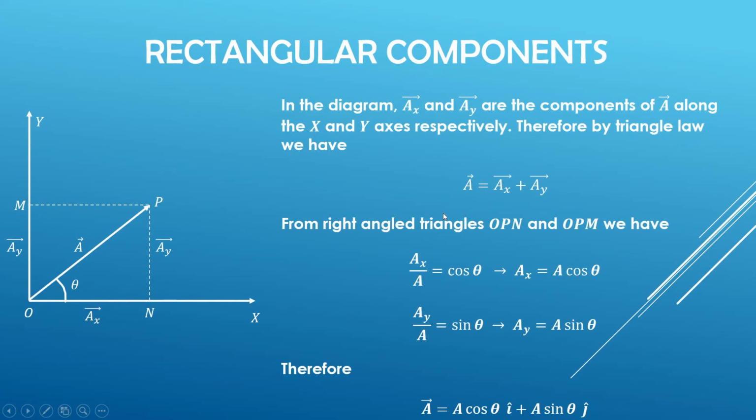These are among the most important components of vectors in the study of physics. From trigonometry, in triangle OPN, cos theta is base by hypotenuse, AX by A. These are the magnitudes. Therefore AX is equal to A cos theta.